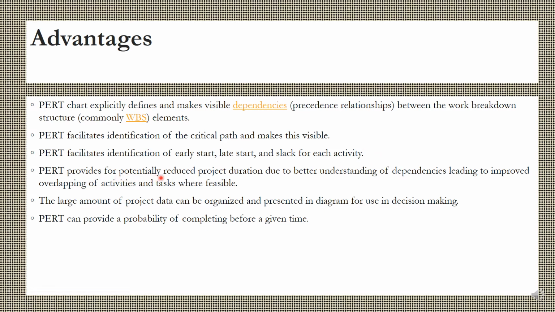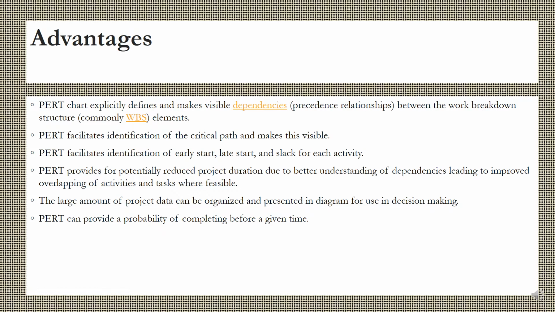PERT provides for potentially reduced project duration due to better understanding of dependencies, leading to improved overlapping of activities and tasks wherever feasible. The large amount of project data can be organized and presented in the diagram for use in decision making. PERT can provide a probability of completing before a given time. All these are the advantages of PERT.